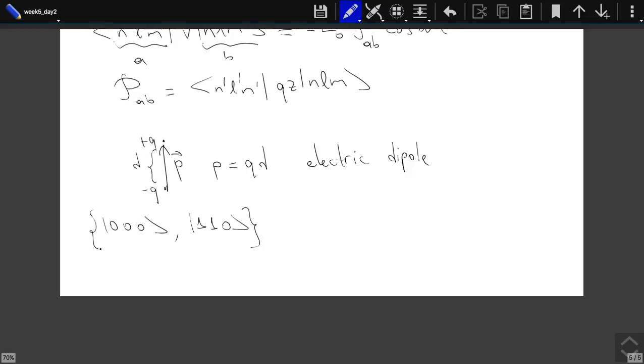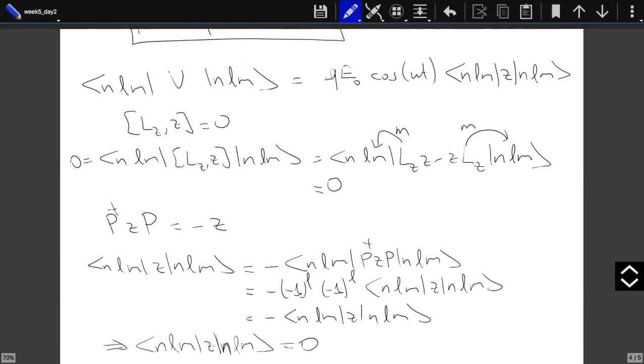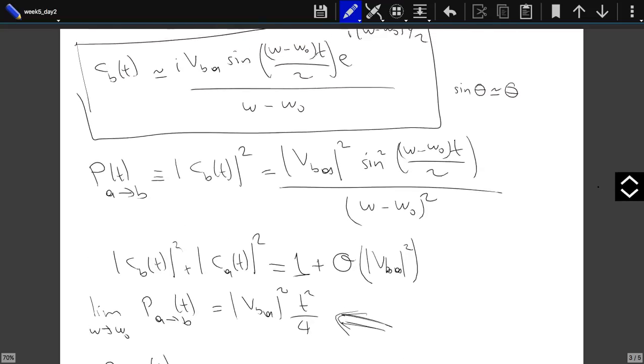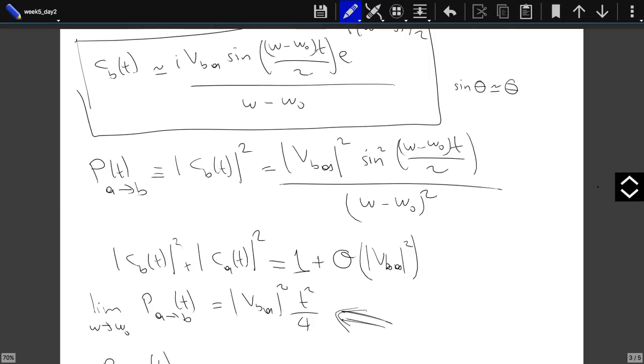And then, well, we already have derived everything. So the probability of a transition from the ground state, the probability of absorption, will be equal to, remember, this is basically our expression.